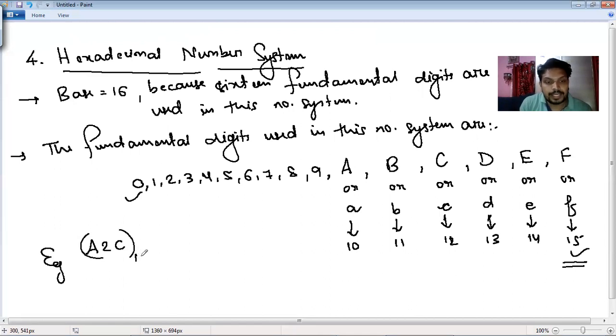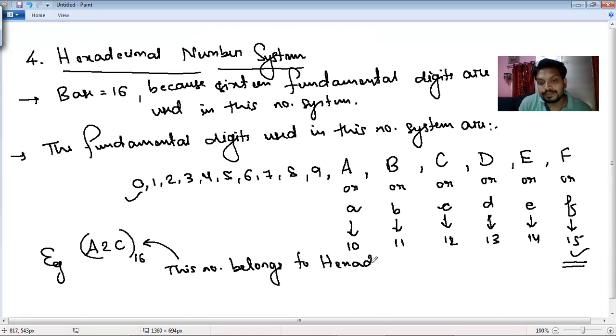Example, if I write AC base 16, we can say this number belongs to hexadecimal number system.